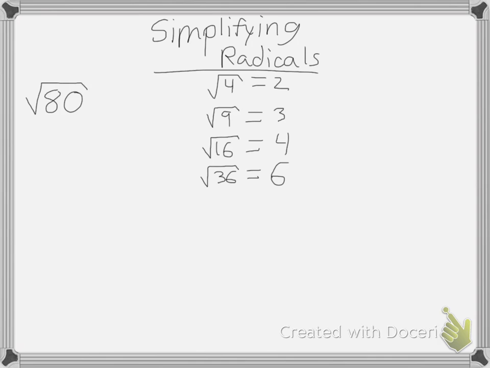Forgot one, didn't I? Whoops. Let's throw that one in there. I missed the square root of 25, which is 5.